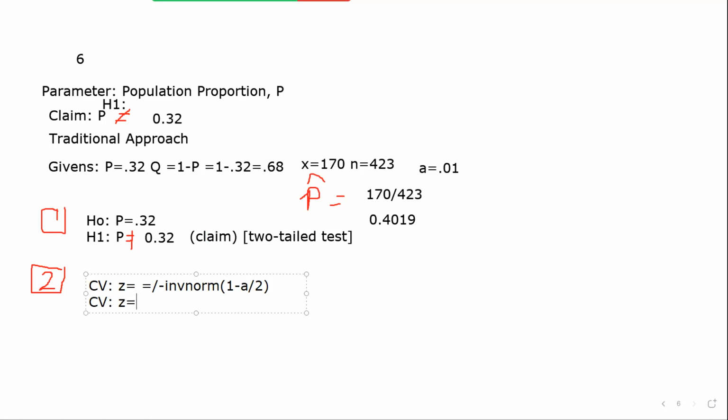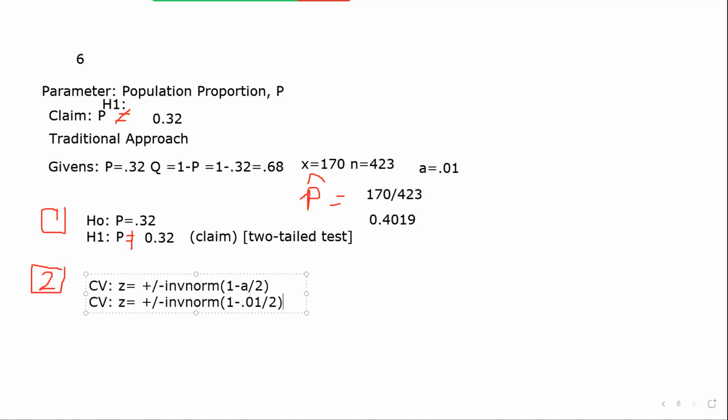So Z is equal to plus or minus inverse norm. This is 1 minus 0.01 divided by 2. Be careful there.